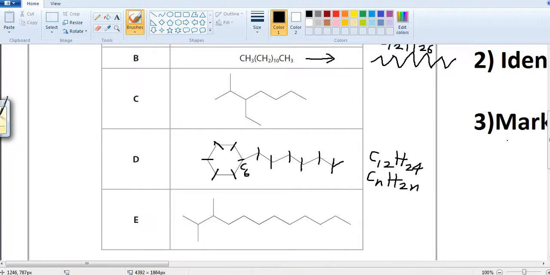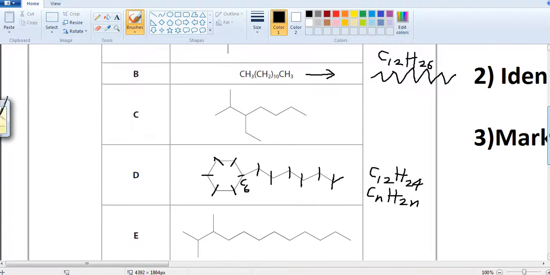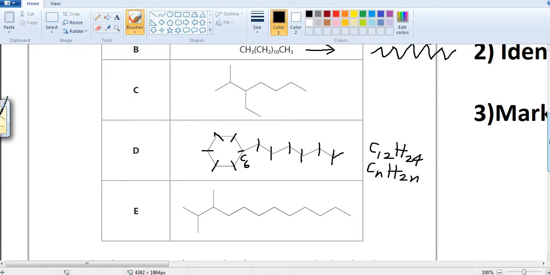So let us compare with B and E. At first, let us find the molecular formula of E. How many carbon atoms does this have? 1, 2, 3, 4, 5, 6, 7, 8, 9, 10, 11, 12.